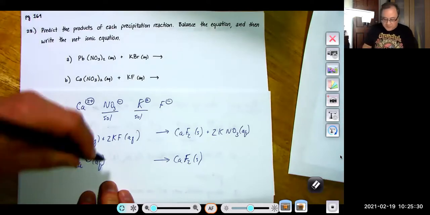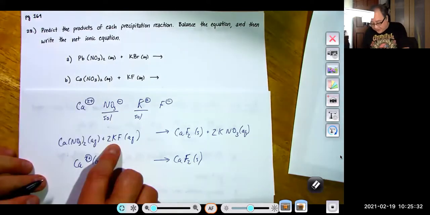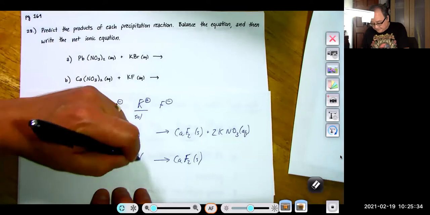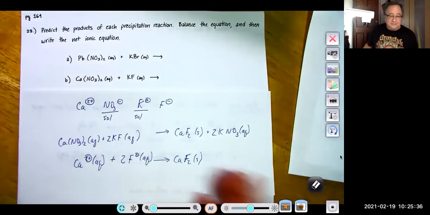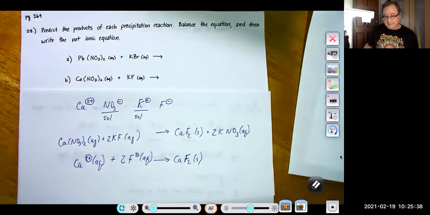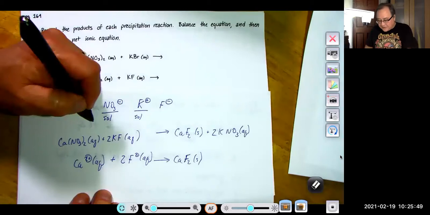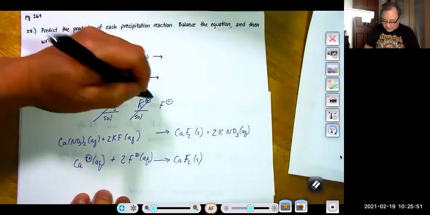And what is the form of these fluorides? They're aqueous. And so there's your net. From the above, we know this guy can't be in the net because they're always soluble.